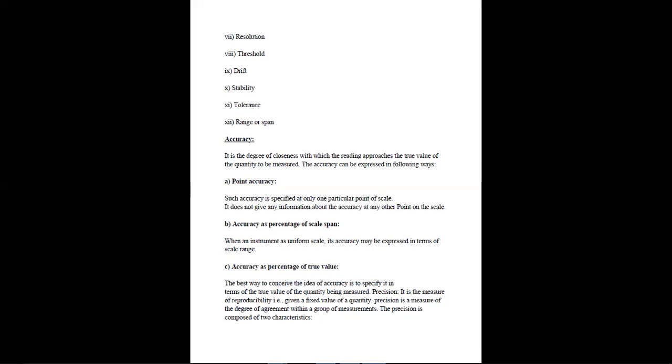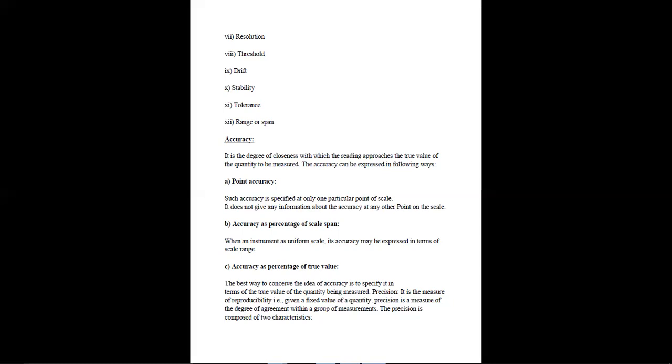Second, accuracy as percentage of scale span. When the instrument has a uniform scale, its accuracy must be expressed in terms of scale range. Suppose a meter is given a scale of 0 to 5 ampere. Then the accuracy as a percentage of scale span will be expressed in terms of the scale range, that is 0 to 5 ampere. Then the third one is accuracy as percentage of true value.